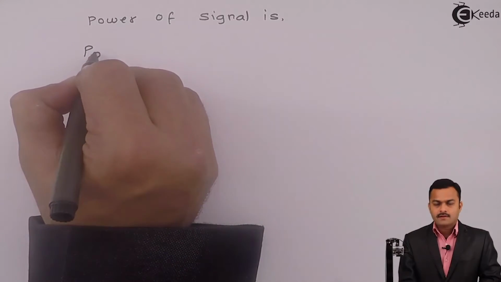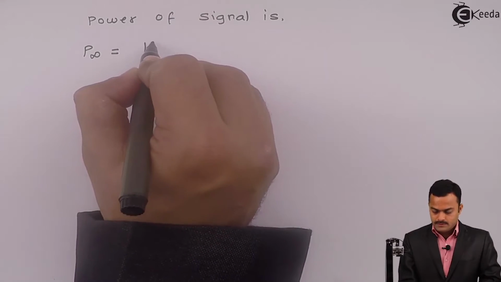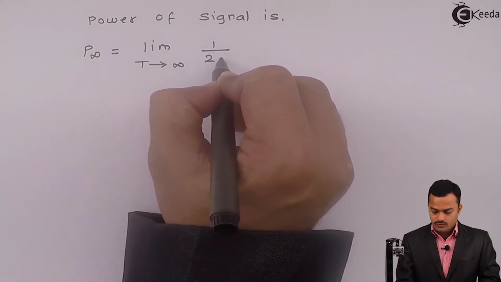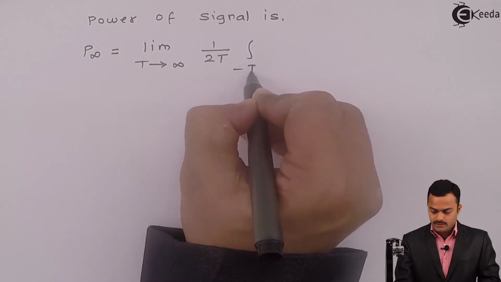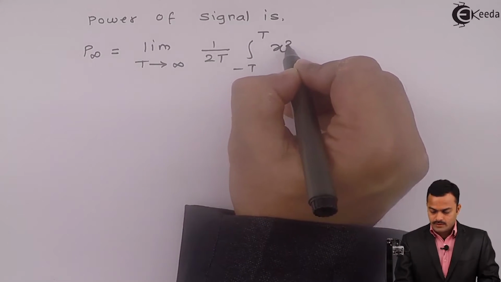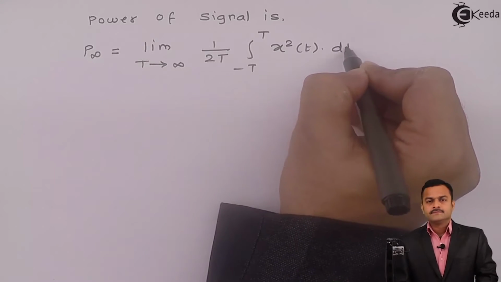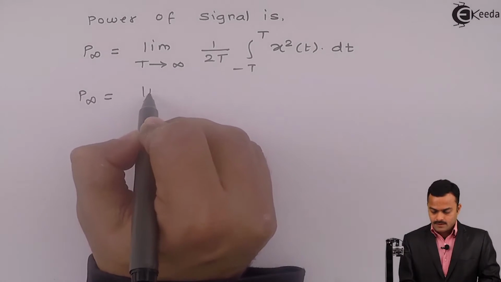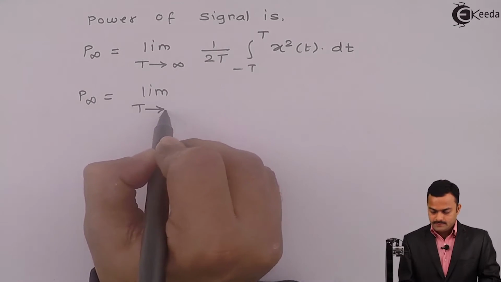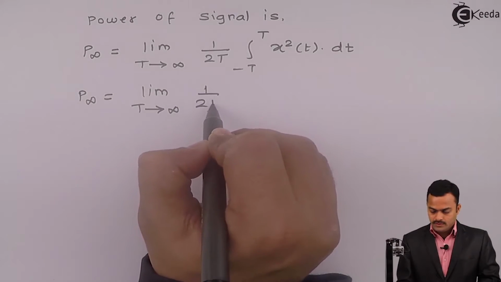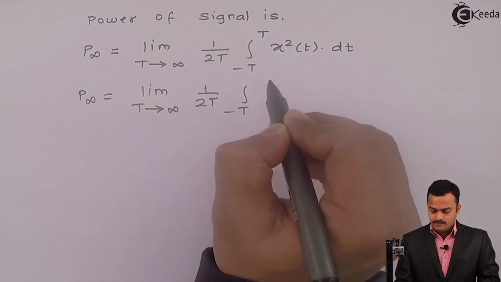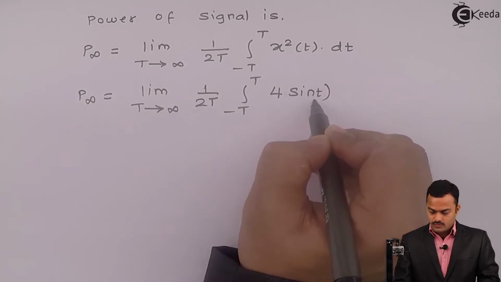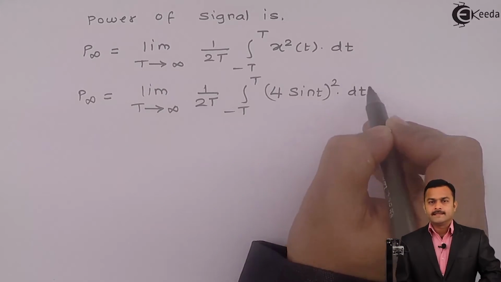P infinity equals limit T tending to infinity 1 upon 2T integral minus T to T x square t dt. So P infinity equals limit T tending to infinity 1 upon 2T integral minus T to T of 4 sin t square dt.